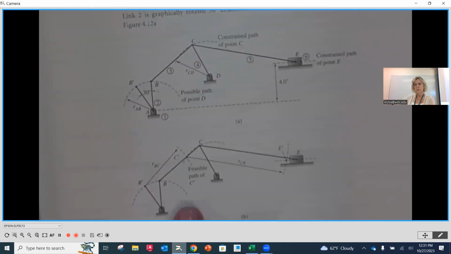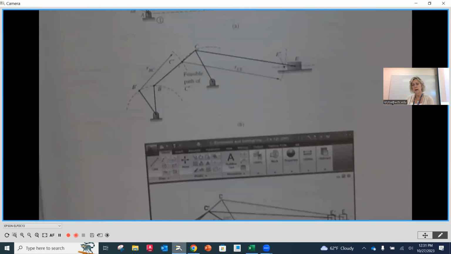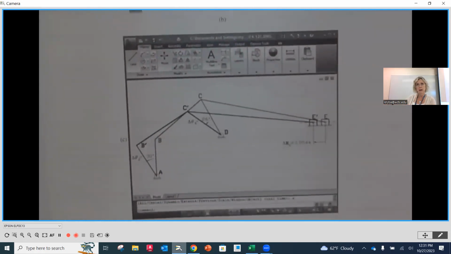Then we finish up the drawing, mark off any radii, draw your final result, and then dimension to answer the questions that the problem is asking. Because we're using CAD, the beautiful thing about this is you're going to have good results, and they're going to be to scale.